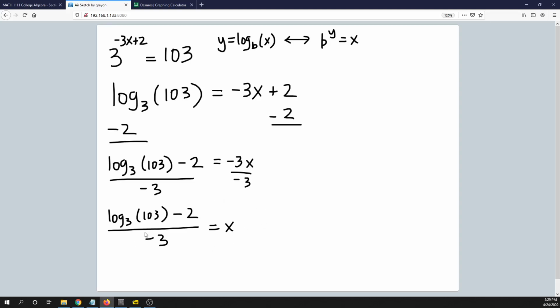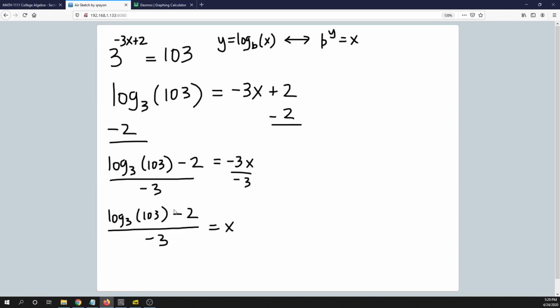The only issue is that if you need a decimal answer, when you try to plug log base 3 into your calculator, there is no log base 3.